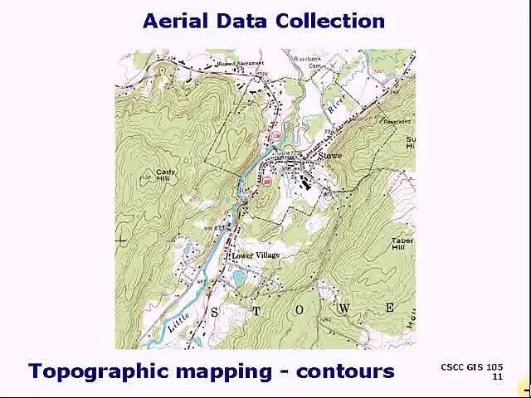And of course, speaking of contours, when we talk about topographic mapping, contours are typically what people are going to be talking about, trying to portray the topography of a target area. Traditionally, contours are what is going to be used. They're readable, they're accurate.